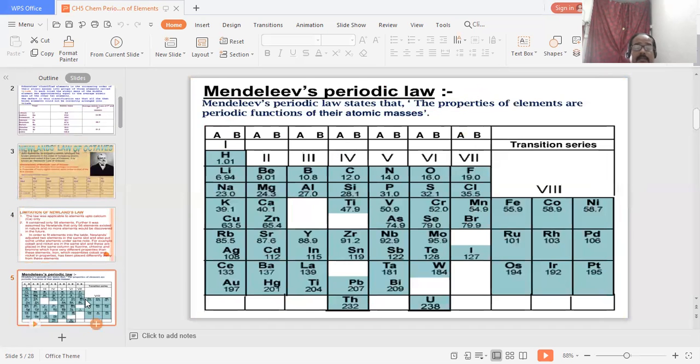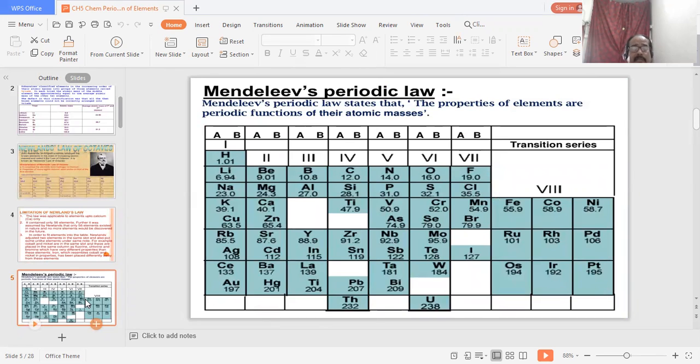And the next topic: Mendeleev's periodic law. Dmitri Mendeleev, in 1869, was the first person who arranged all the elements and represented them in a table, the periodic table. Mendeleev's periodic law states that the physical and chemical properties of all elements depend on their atomic masses.